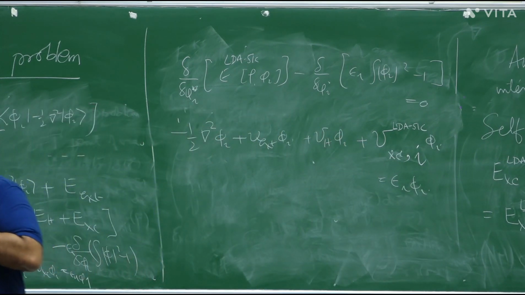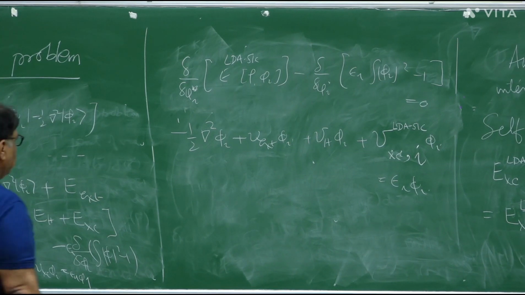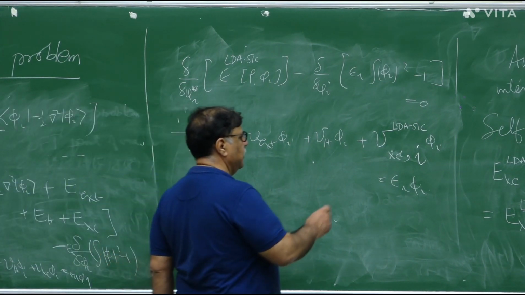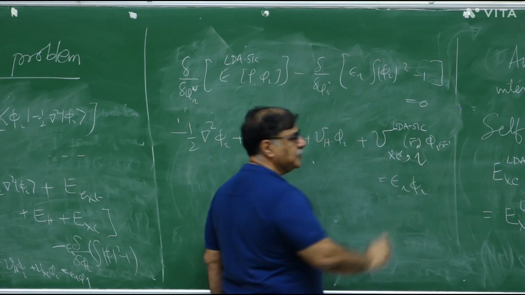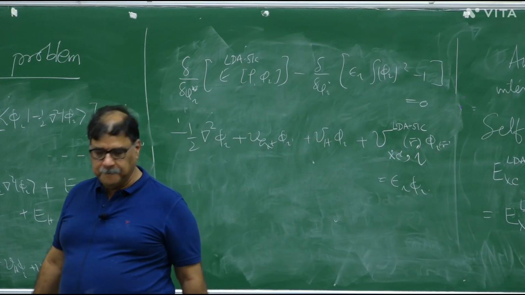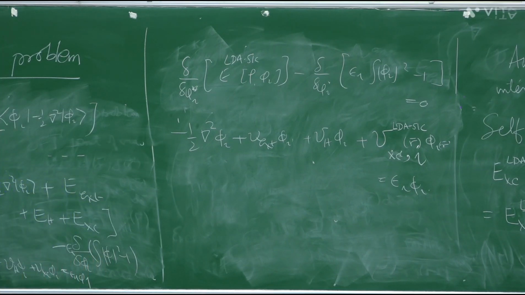Is that point clear? Because just like in Hartree-Fock theory, there was an i dependent term. In the exchange, I got an i dependent potential, non-local potential. Here it's local, it is multiplicative. However, it just depends on the orbital, just like Hartree theory.